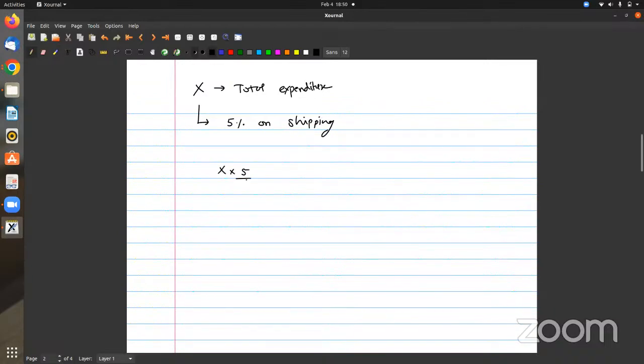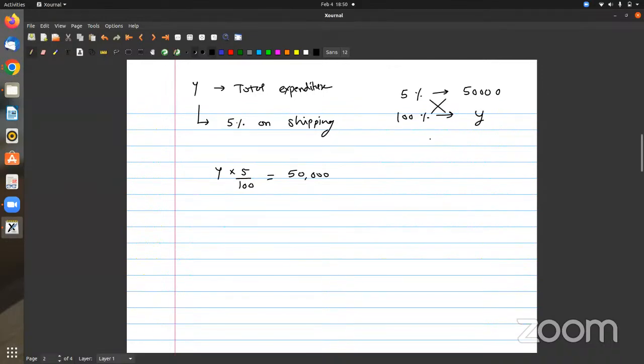X into 5%. Let's say Y is my total expenditure, so Y into 5% is equal to 50,000. Then 100% is equal to how much? 1 lakh. This is my problem.